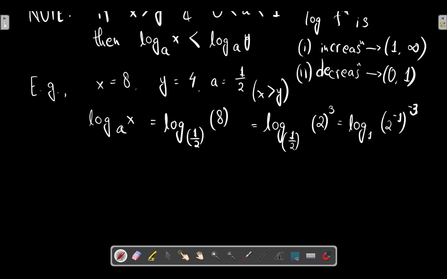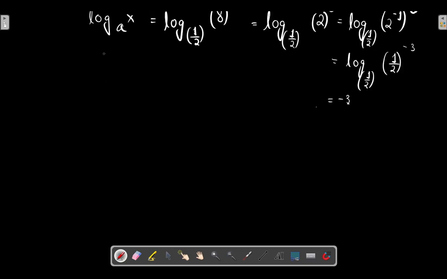So 2 to the power minus 1 will become half, right? So this gives half raised to the power minus 3, and the base is half. If I apply the property of log x to the power n, this n will come to the front of the logarithm, and we will get minus 3, since log half base half is 1. So this is the value of log x base a.